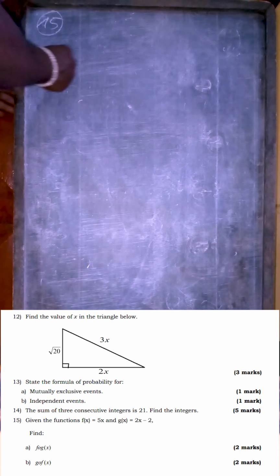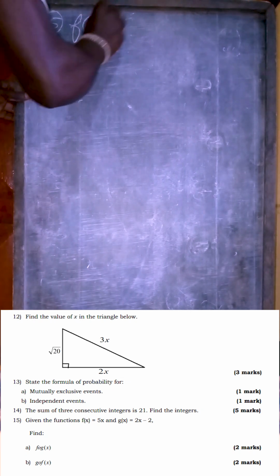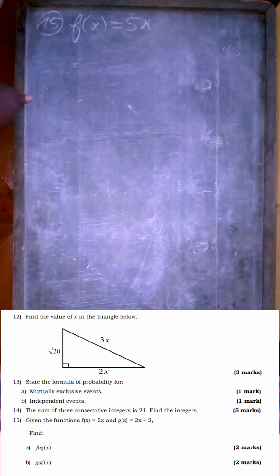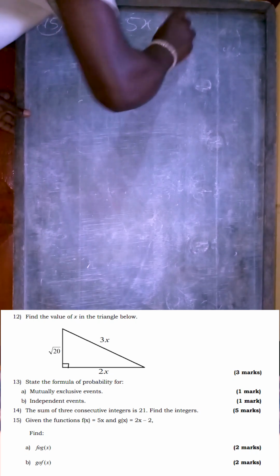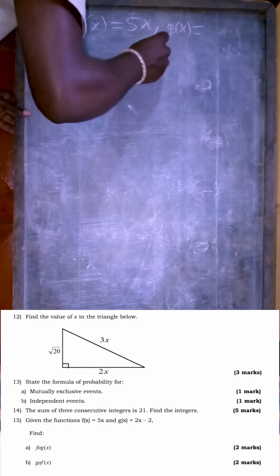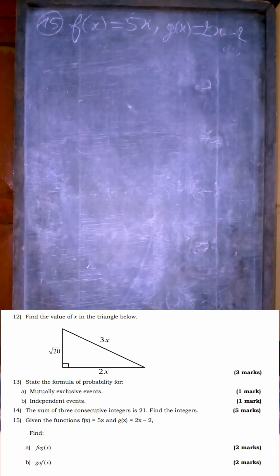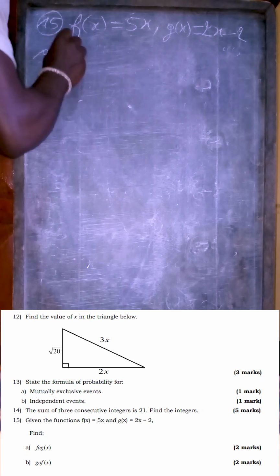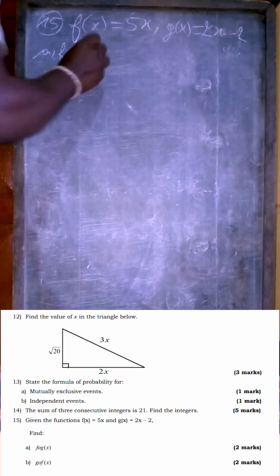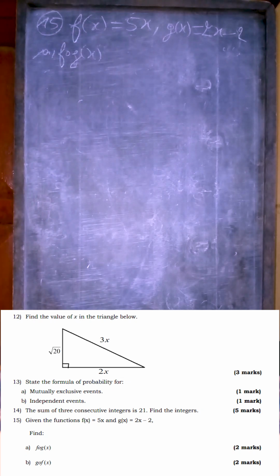We have f of x equal to 5x, and g of x equal to 2x minus 2. This is the given equation. And we are asked to find f of g of x, the composite function.